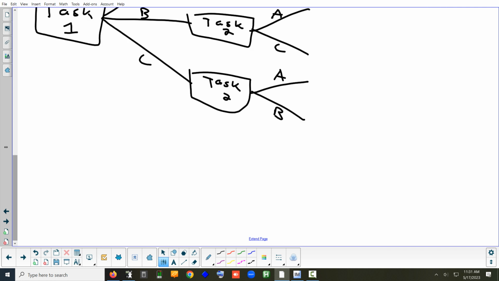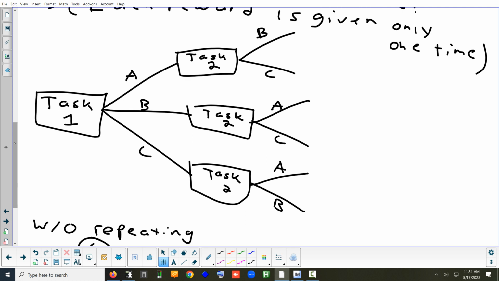So without repeating any rewards, there are 6 different pathways the animal could get: A and B, A and C, B and A, B and C, C and A, and C and B. And getting reward C then B, or getting B then C is different. Getting B first and C second, and then C first and B second, that's a different sequence of rewards.